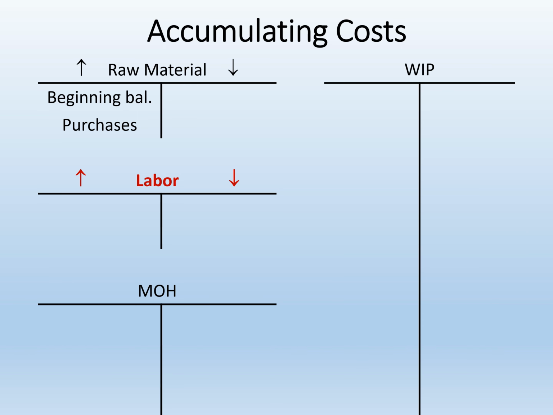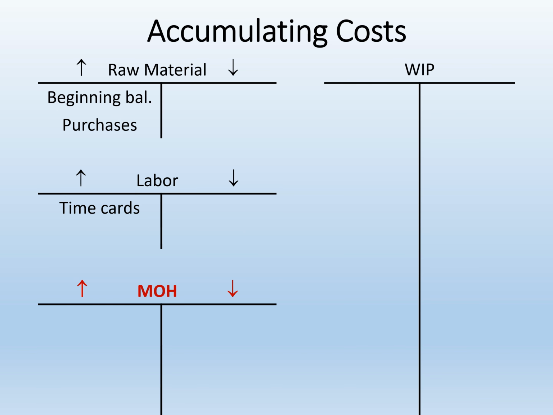There's never any left over to go into the next period, but it does behave like an asset because it increases on the debit side with our workers' time at work and the dollar value of that time. And it decreases on the credit side when we determine what that work was used for.